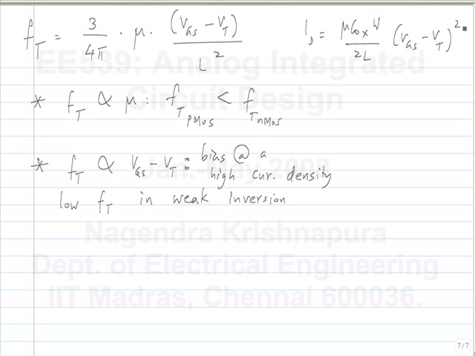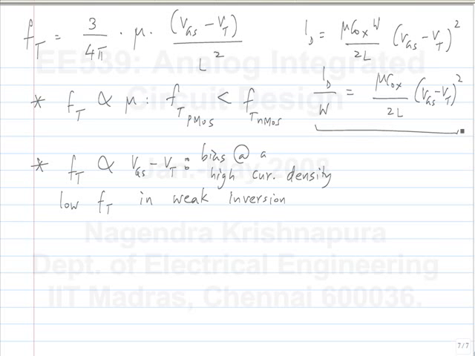So if you keep Vgs minus Vt constant and have a number of devices in parallel, the current just multiplies. So you can think of ID divided by W as a current density. That is the amount of current per unit micron of width.